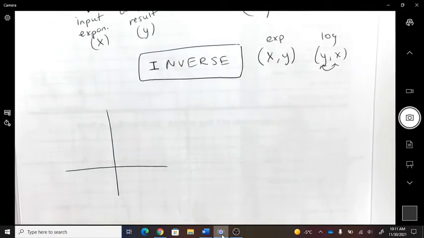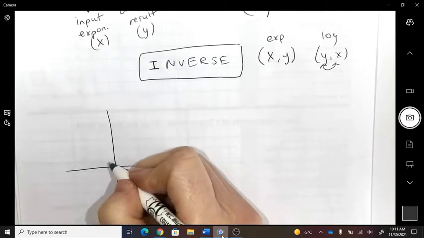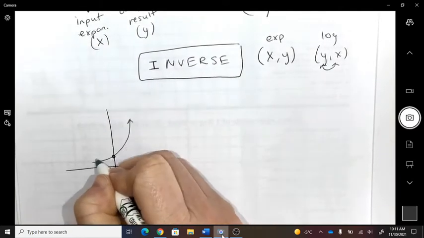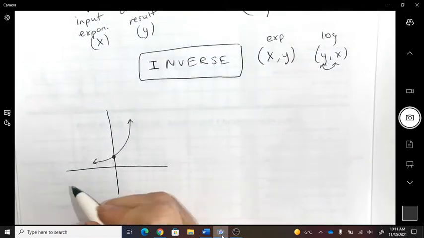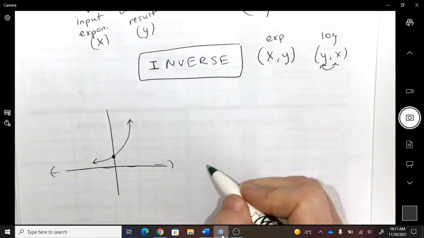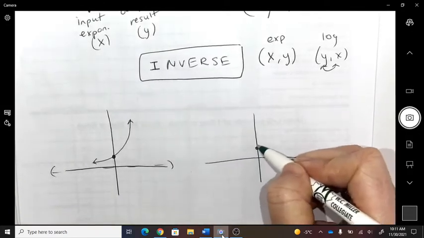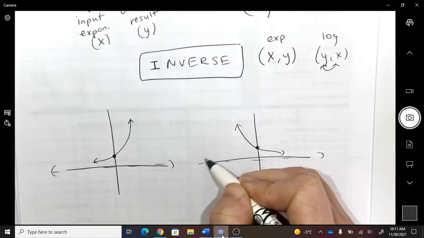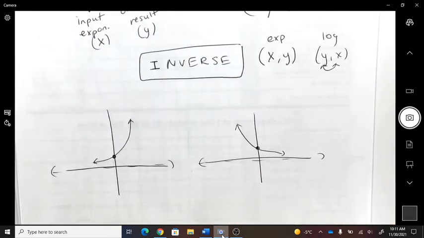What's always a point, no matter what, before transformations? 0, 1. If our base was larger than 1, we looked like that. And if our base was less than 1, we looked like that. Okay, so those are some things we've talked about already.